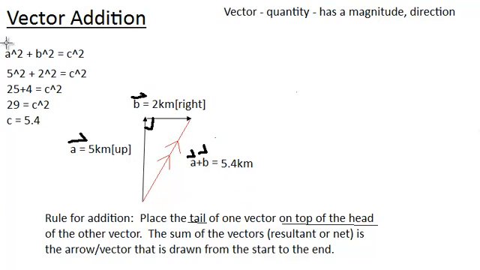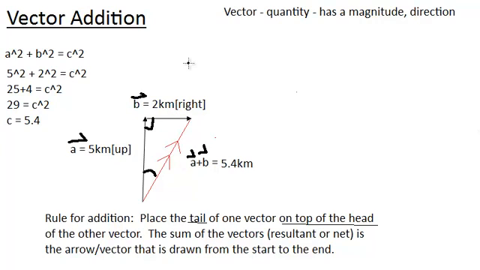How do you find direction? To express the direction of this resultant, you need to find the angle between vector A and vector B. So how do you find this angle knowing all three sides?